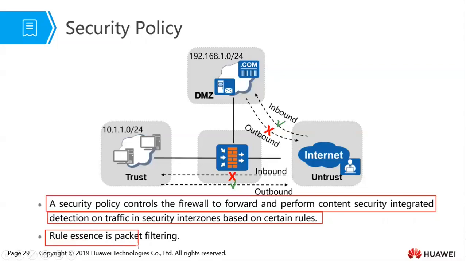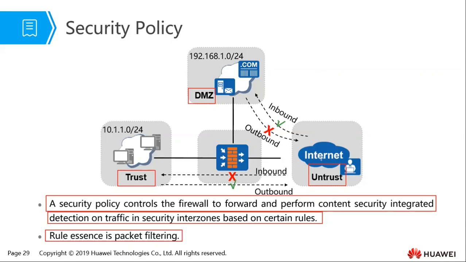The essence of these rules is packet filtering. So as we said, we are creating different zones so that we can allow or disallow traffic from one zone to another.